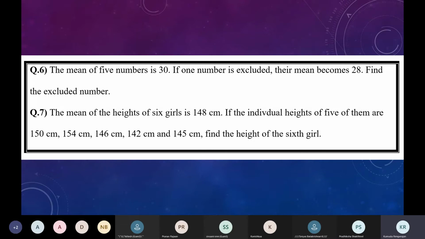Now from this we can find the sum of all the observations. What is the answer? 150. Yeah, 30 into 5, 150. The sum of all the 5 observations is 150. Is that correct or no? Yes, ma'am.